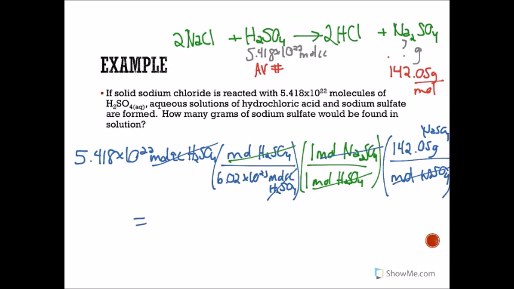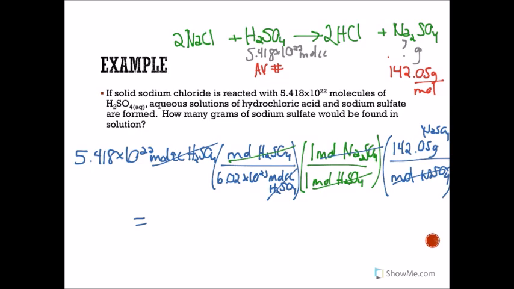If I multiply all that out, so 5.418 times 10 to the 22 multiplied by 142.05, I get 7.696 times 10 to the 24.